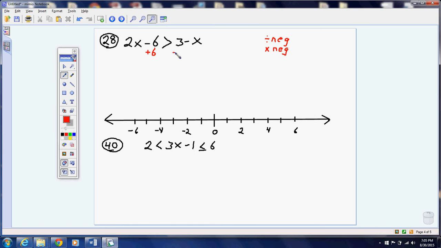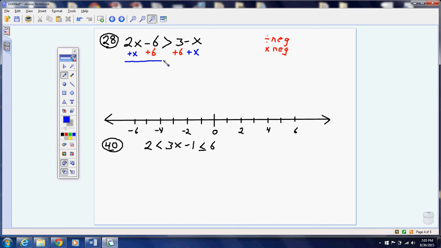Kind of move it over here. And at the same time, let's get this x over here. We have a negative x, so we want to add x to both sides. That will cancel this x out over here and add it over here.